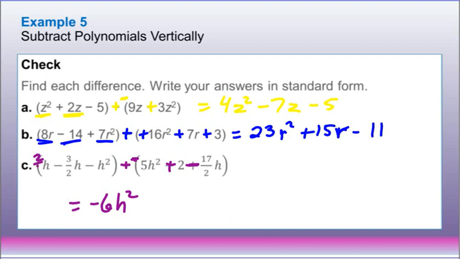So this is really 2 halves minus 3 halves, which is a negative 1 half h. So negative 1 half h minus 17 halves h would give us negative 18 halves h. Negative 18 halves is a negative 9h. And then I'm left with a positive 2.